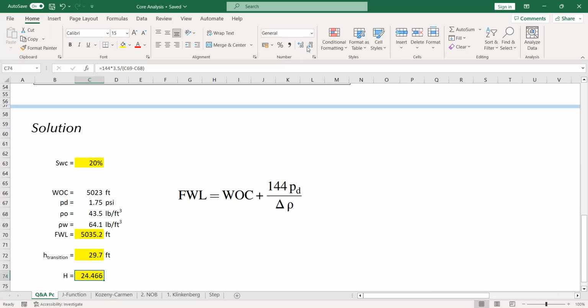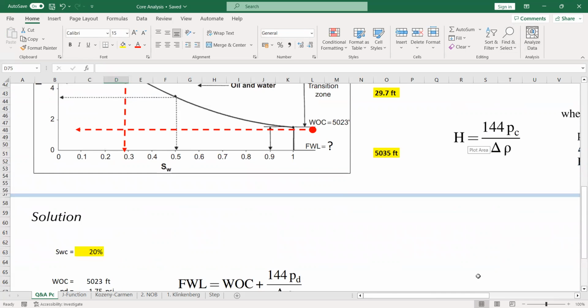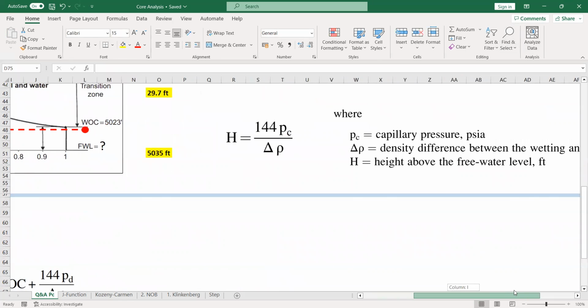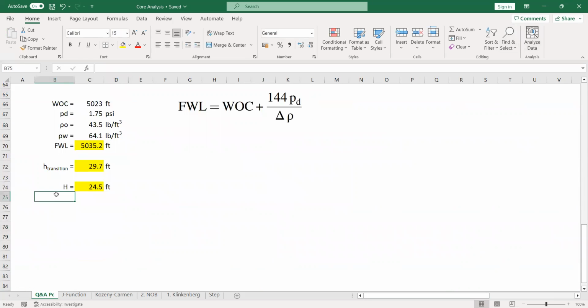So it's 24.5 feet. But by the way, this is H, the height above the free water level. It's not the absolute location. It's not the absolute position.